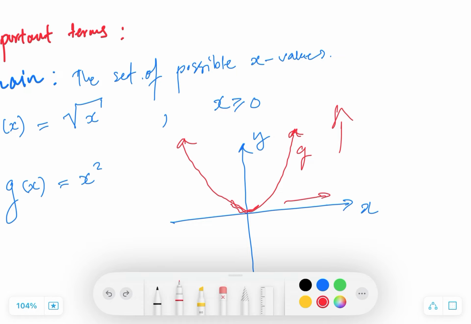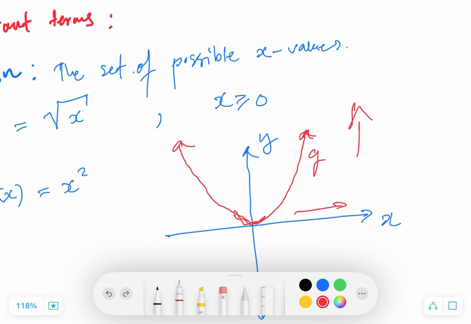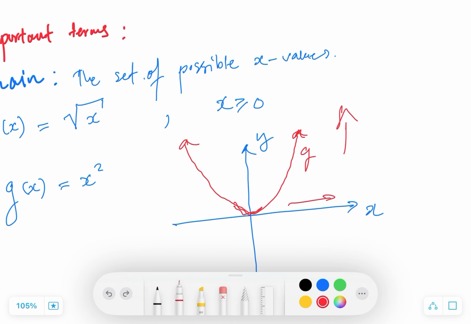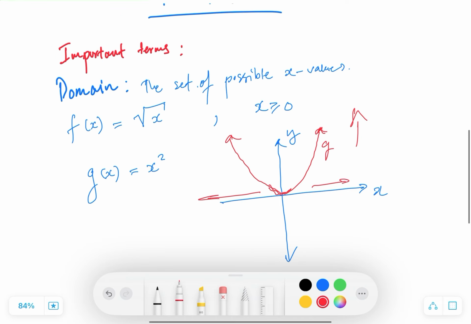So as the run increases, the rise also increases. So that means that the domain of this function is any value on the negative side and any value on the positive side of the x-axis.